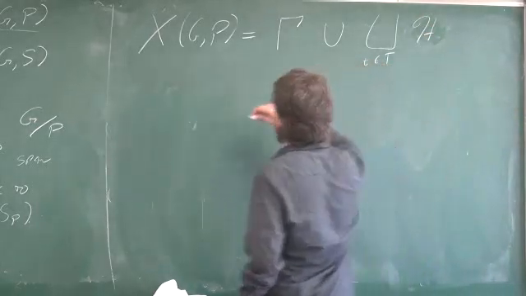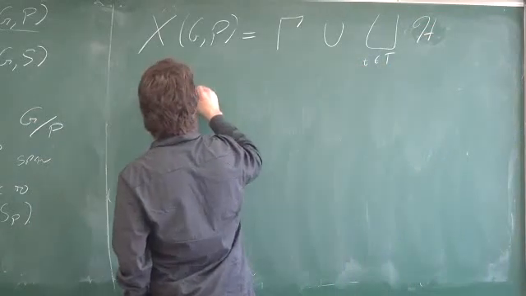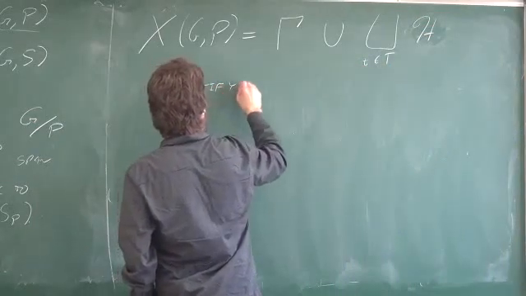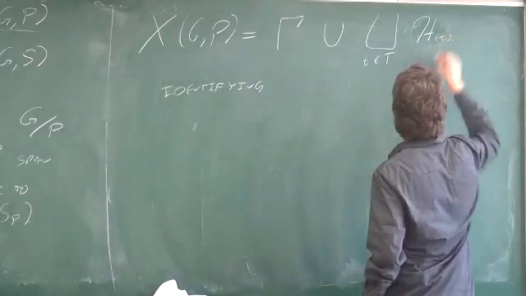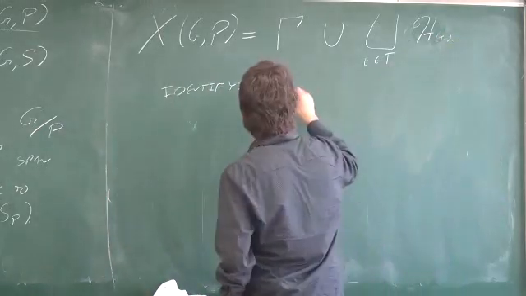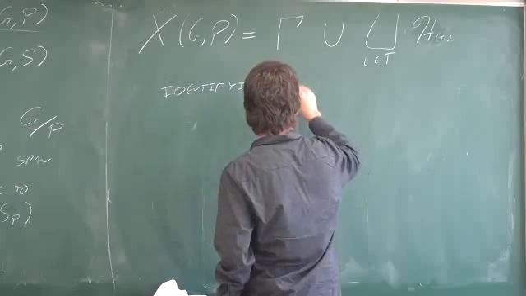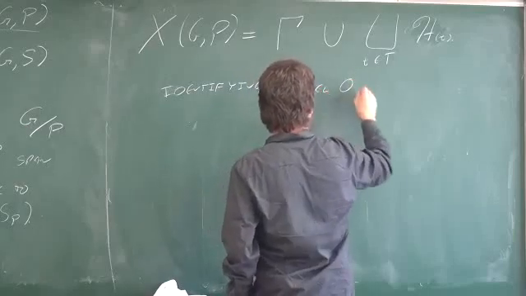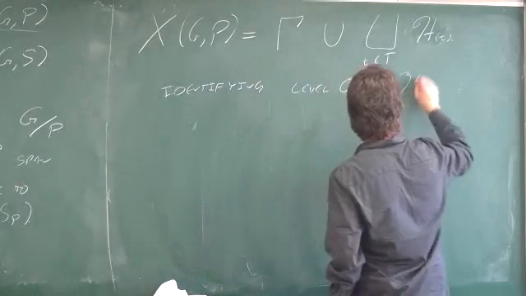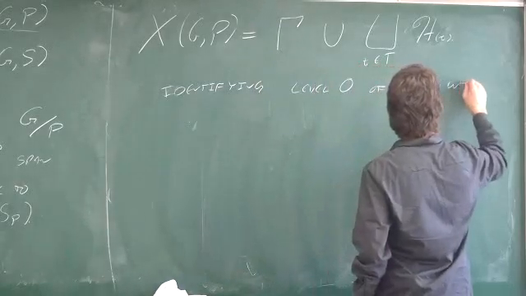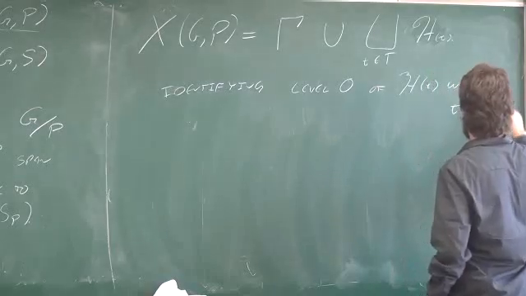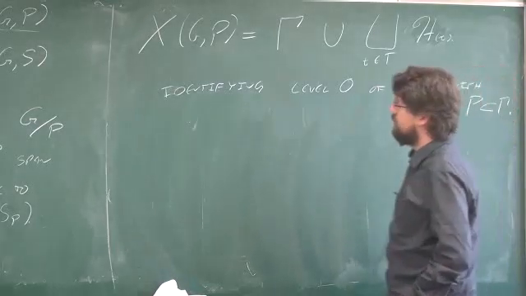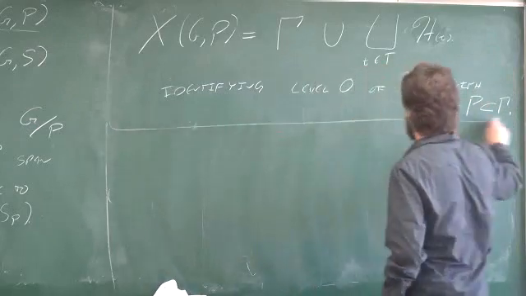So we're identifying level 0 of H of T with TP sitting inside gamma. So I'm doing some identifications here, doing this gluing on.